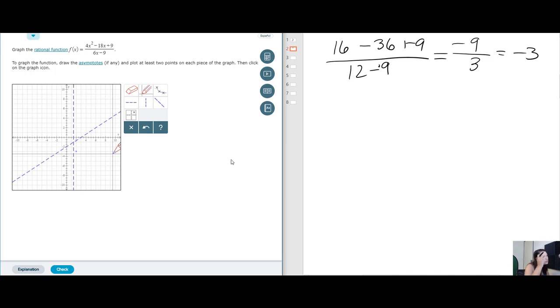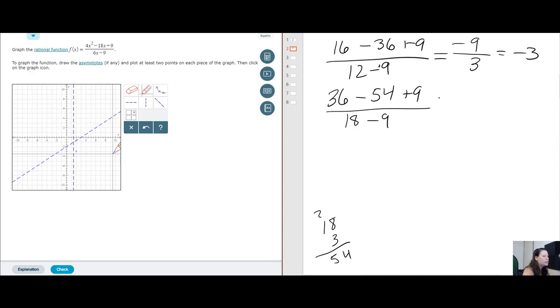Okay, then let's plug in 3. So 3 squared is 9, times 4 is 36, minus 18 times 3, which is 54, plus 9, over 6 times 3 is 18 minus 9.